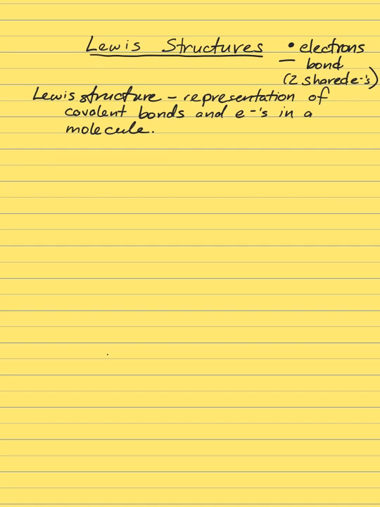You can also do Lewis structures for just an atom, but that really doesn't tell us much. When we do a Lewis structure, we are focusing specifically on the valence electrons and the way they're interacting with each other.